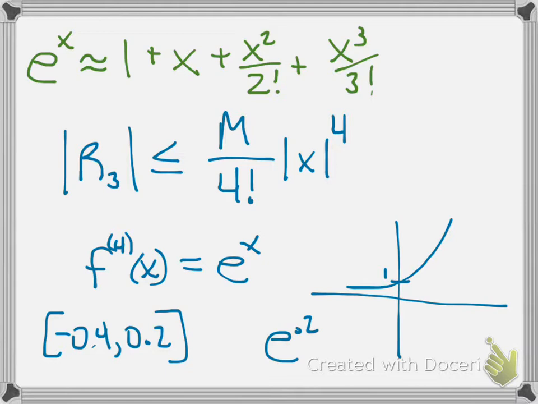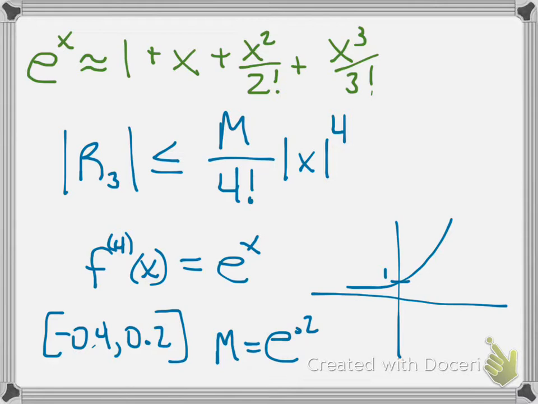Problem with that is, how do you calculate e to the 0.2? We'll have a calculator active for this one here, but we're trying to do this in principle so we understand where the values are coming from. So I'm going to let M be e to the 0.2. Technically speaking, M can be any number that's bigger than e to the 0.2.